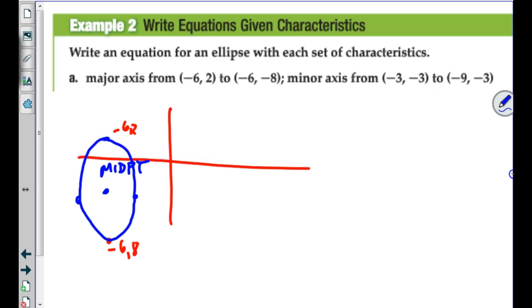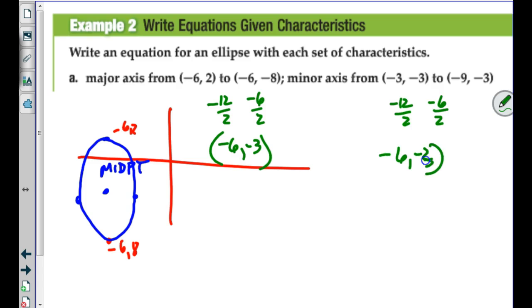If you did -6 plus -6, you'd have -12 over 2. Remember, you average. 2 and -8 is -6 over 2. You get -6, -3. -3 plus -9 is -12, and -3 plus -3 is -6.